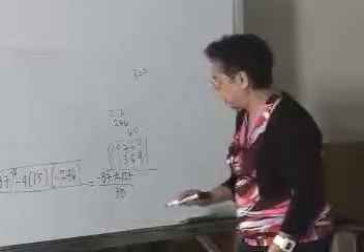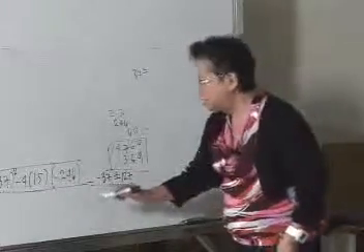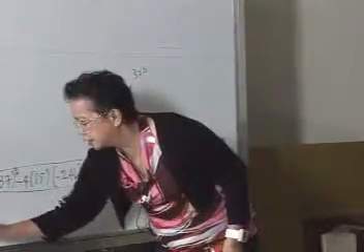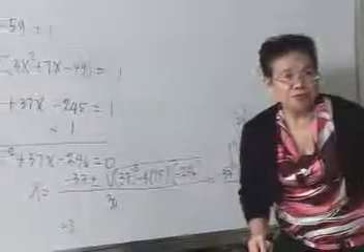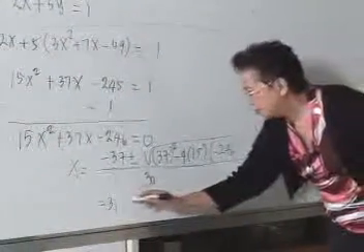So, what are the roots? 3, and also negative 82 over 15.